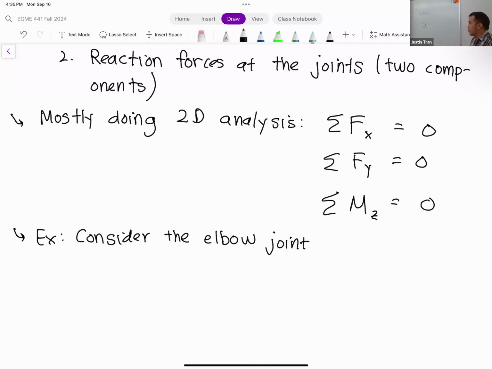Let's consider the elbow joint at 90 degrees flexion. So it's making a right angle. In addition, we're going to assume that someone is holding some kind of box or some kind of weight in their hand.